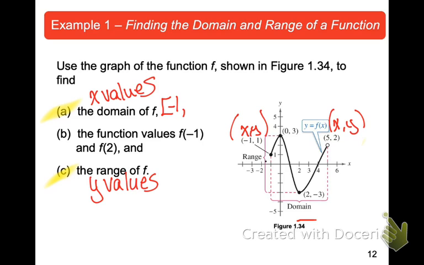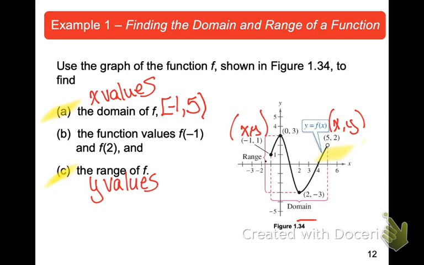Then on my far point to the right, what is the x value of my far point to the right? This point right here is the one I'm talking about. What's the x value there? 5. Okay? Now, I'm going to have a parenthesis there because that point is not included.